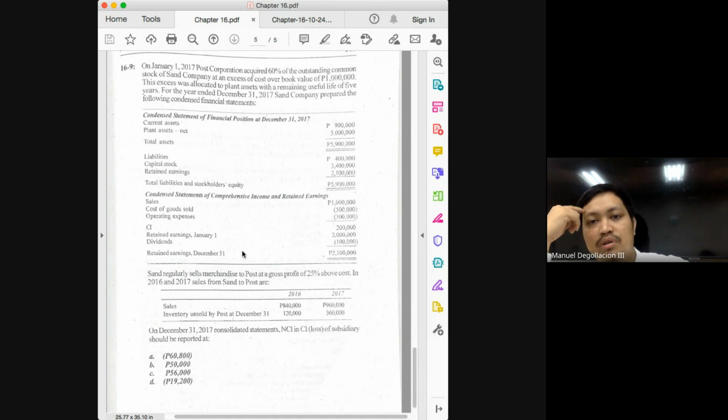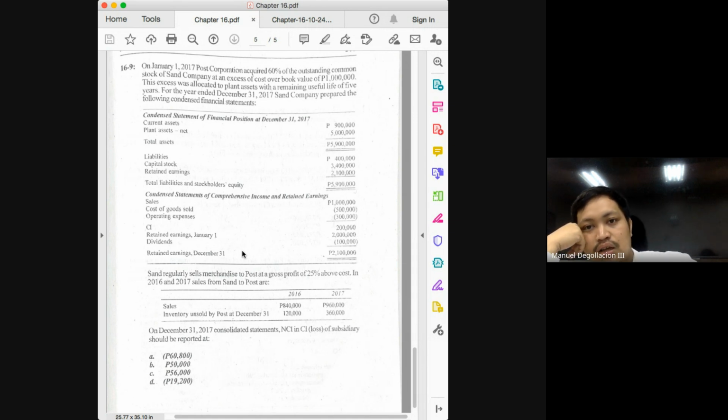Now let's check how much excess we have in this problem. On January 1, 2017, Post Corporation acquired 60% of the outstanding common stock of Sun Company at an excess of cost over book value of 1 million.